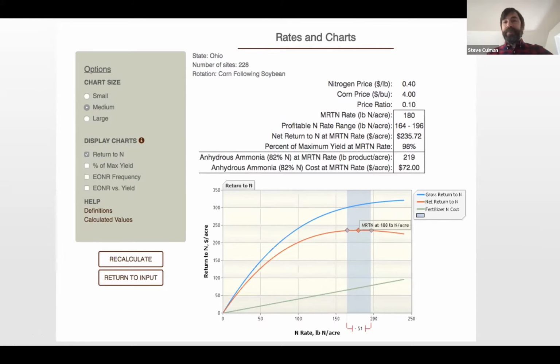Okay, but there's been lots of comparisons looking at different farmer rates versus MRTN, or different tools out there, Climate View or Encirca, or whatever it might be, Adapt-N versus MRTN. And there's a lot of times when MRTN actually comes out ahead, or it doesn't perform any worse. And again, the simplicity of this, in my mind, as a starting point, is a really nice feature.